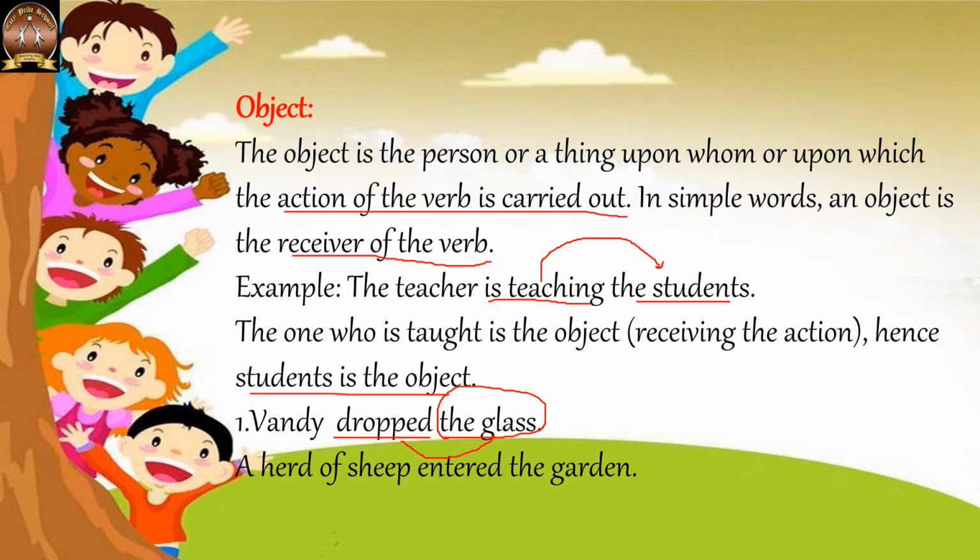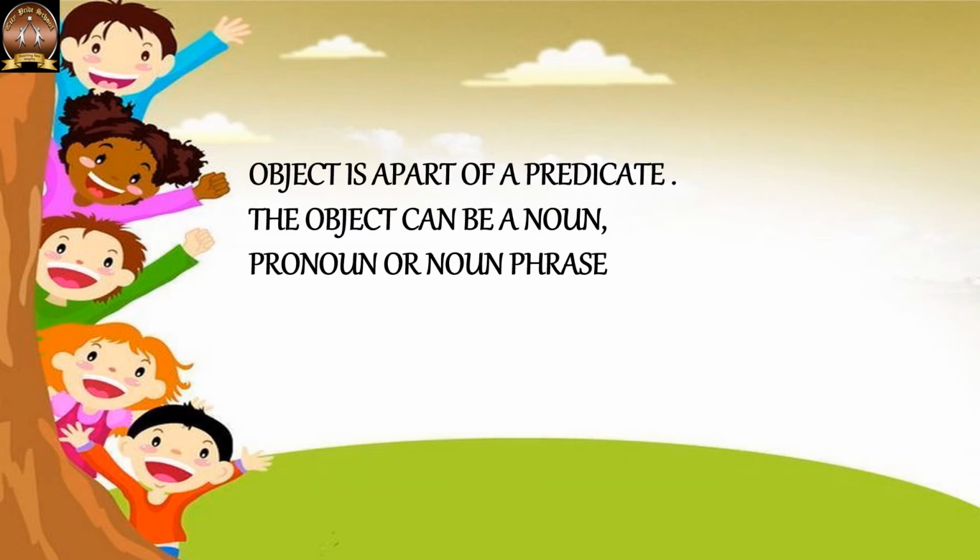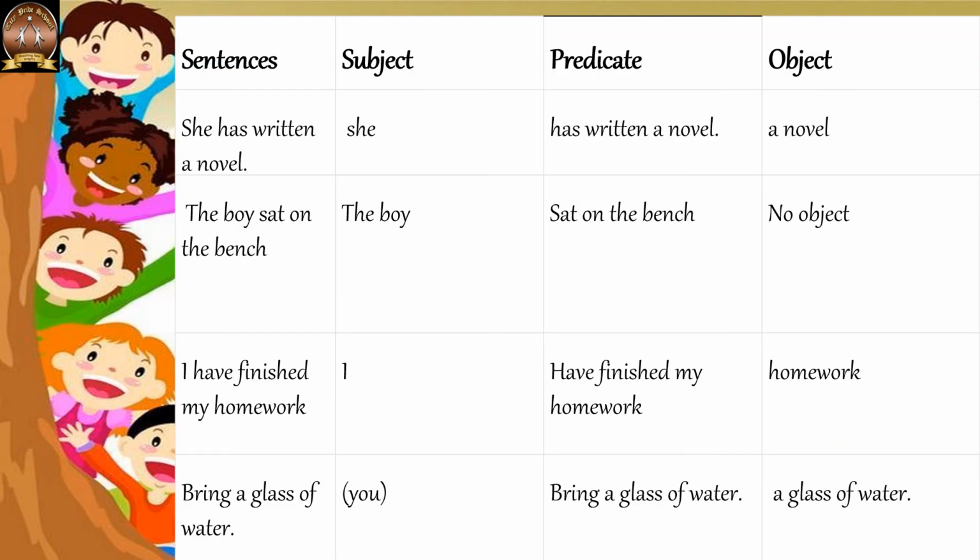No. If you ask the question to the verb, entered what? You get the answer as the garden, not an object. You don't get it as an object. So here there is no object in this sentence. Always remember, an object is a part of the predicate. An object can be a noun, pronoun, or a noun phrase.